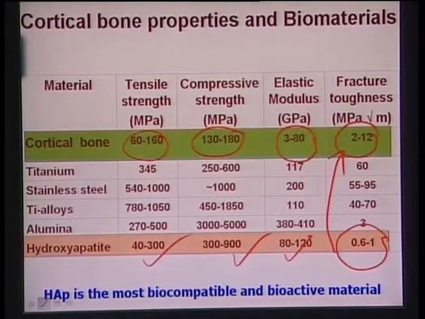So hydroxyapatite has good biological properties, but you also have to know that it lacks certain physical properties, and that is the reason why hydroxyapatite cannot be used as a bulk implant material for several bone replacement applications.